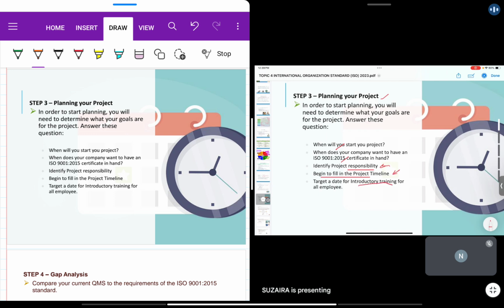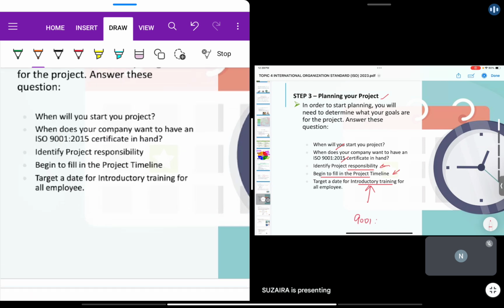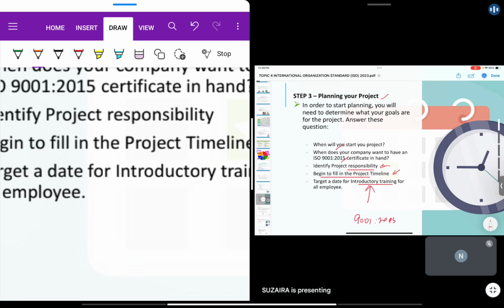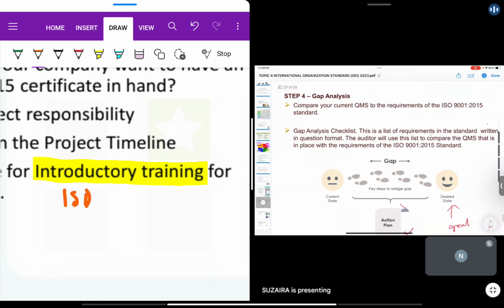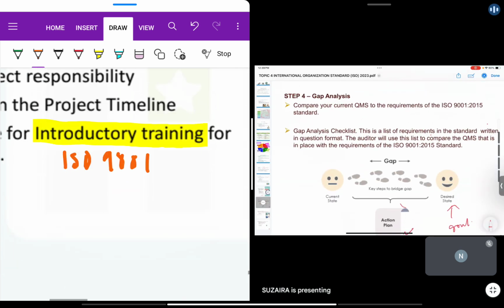Okay, so to begin, you fill in the project timelines like your chart, and the target date for the training, introductory training about the 9001:2015. This is more towards creating awareness among the workers. And then step number 4, I showed you the gap analysis just now, comparing your current standard with the one that you want to obtain.